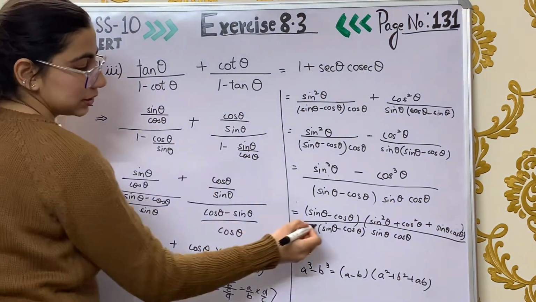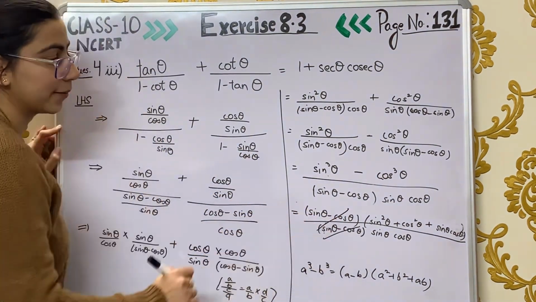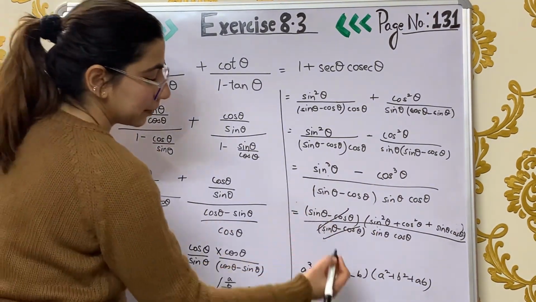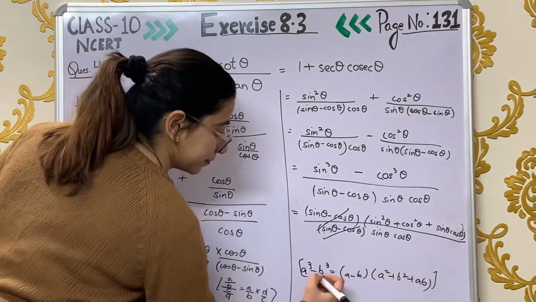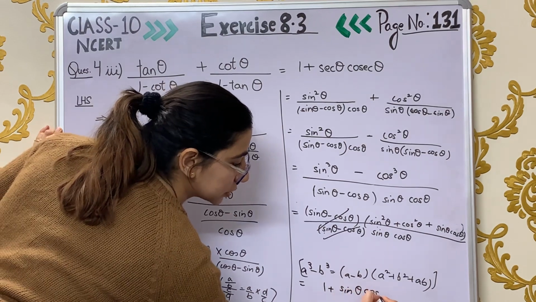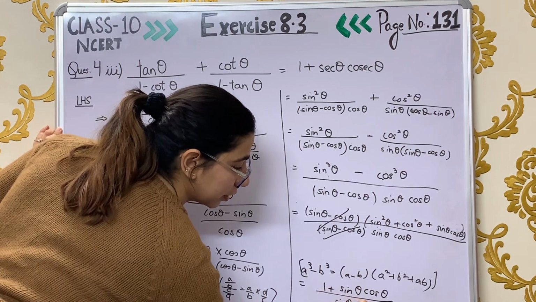Right? Now we see that these terms are the same in numerator as well as denominator, so these get cancelled. And we also know that sin square theta plus cos square theta is nothing but 1. So we can write that as 1 plus sin theta cos theta upon sin theta cos theta, right?